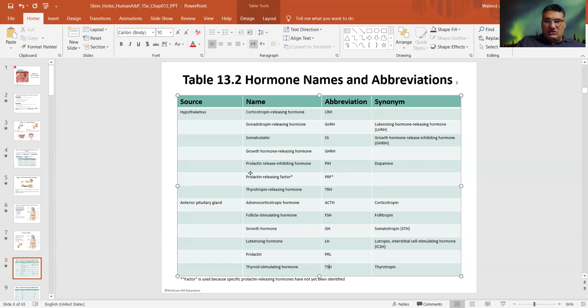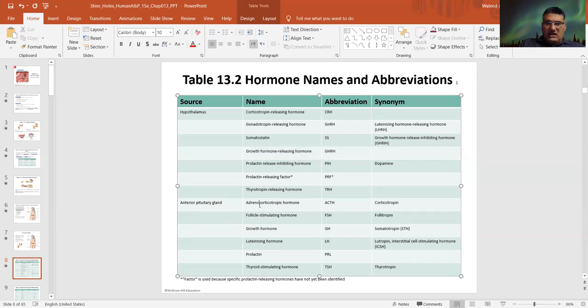Other than that, the third one is gonadotropin releasing hormone. It's going to target the gonads, but it needs to go here first. And in response to that, the anterior pituitary is going to secrete luteinizing hormone and follicle stimulating hormone. So this one is one order, which is gonadotropin releasing hormone, or GnRH, even though it's one.